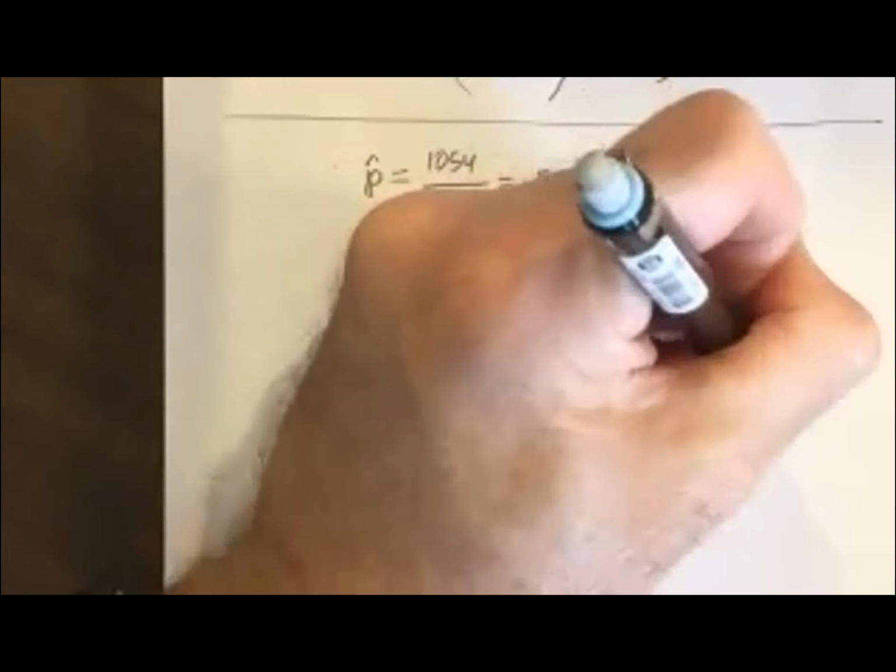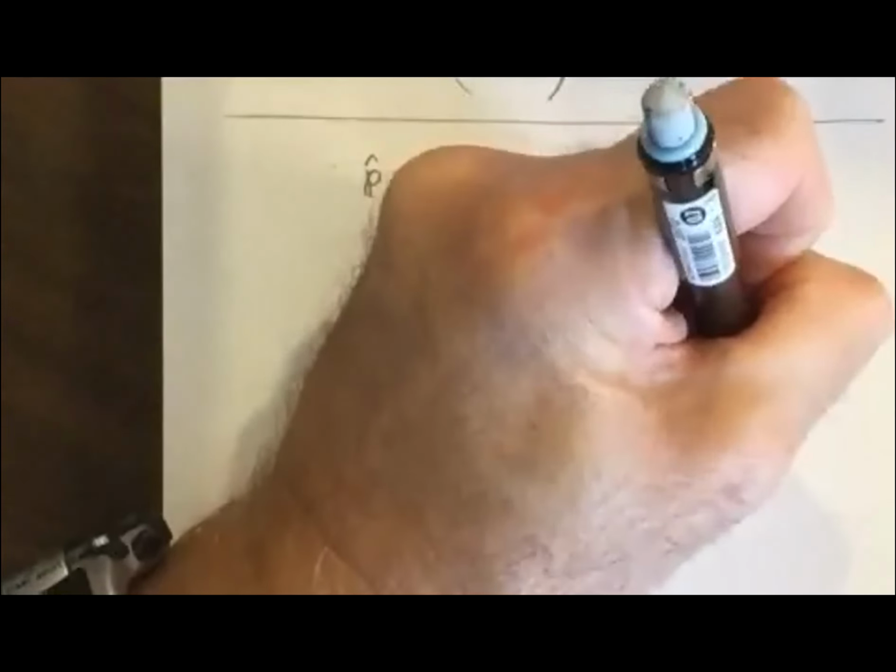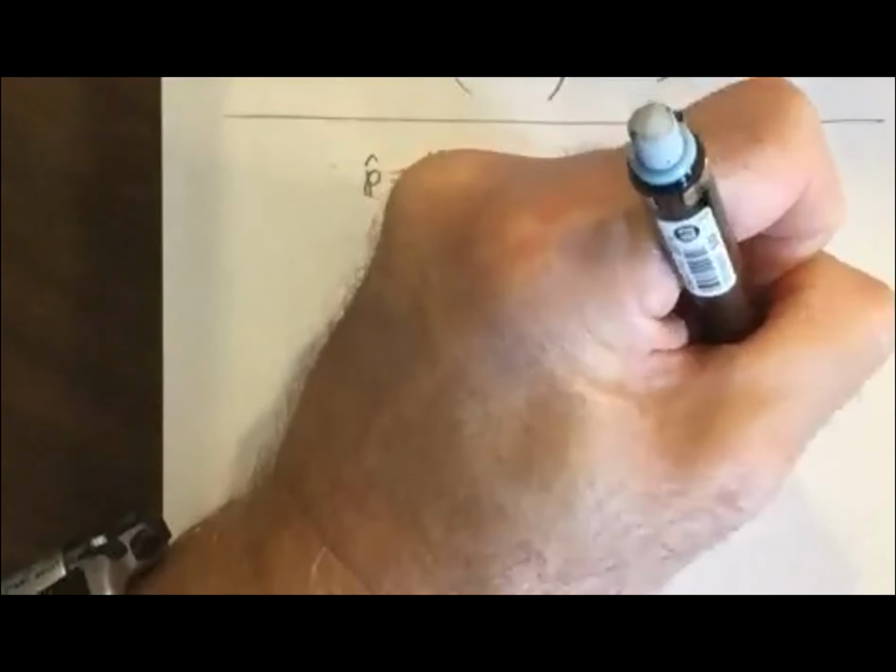Times the square root of p hat, which is 0.68, times q hat, 0.32, divided by 1550.